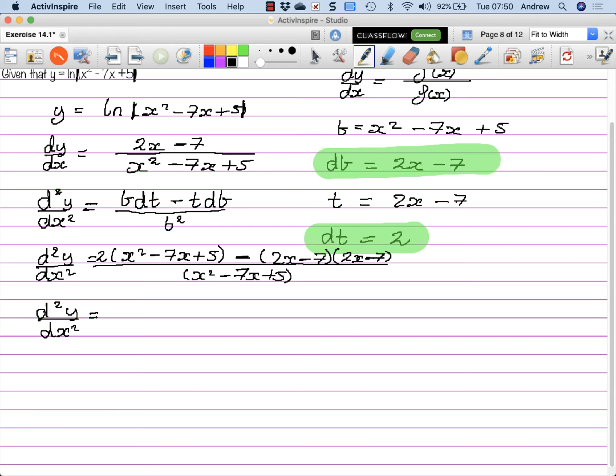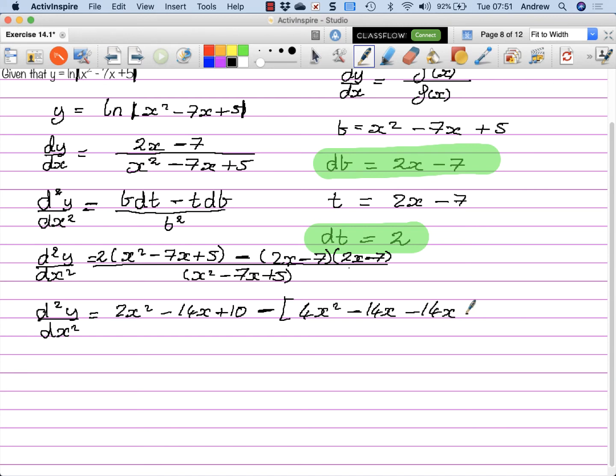So 2 on x squared is 2x squared minus 14x plus 10. You must remember that when you write a minus sign, the golden rule is follow it with a bracket. Now 2x on 2x is 4x squared. 2x on minus 7 is minus 14x. Minus 7 on 2x, minus 14x.